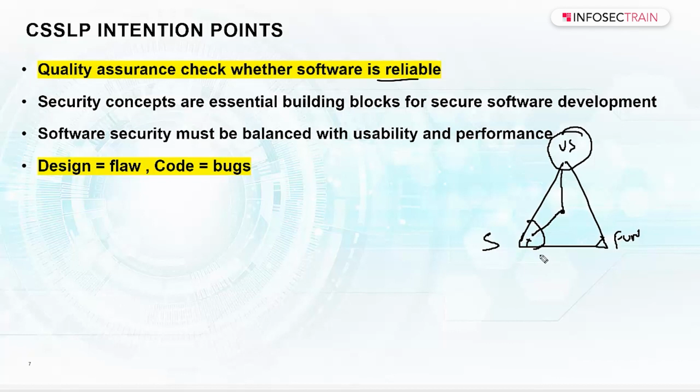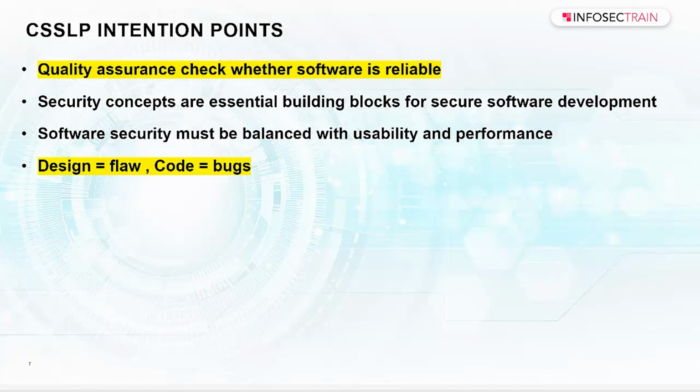The person can be frustrated, right? So there is too much security. In that case, there is no usability, there is no functionality. So as a CSSLP, whenever you suggest any solutions, prepare the security parameters in such a manner that we balance between usability and performance, because too much security impacts the performance.